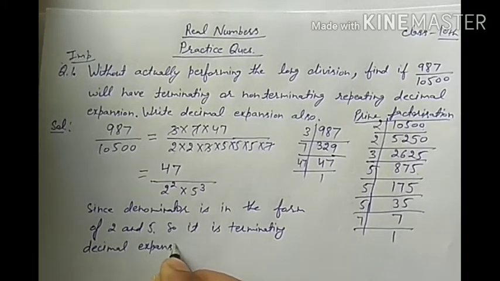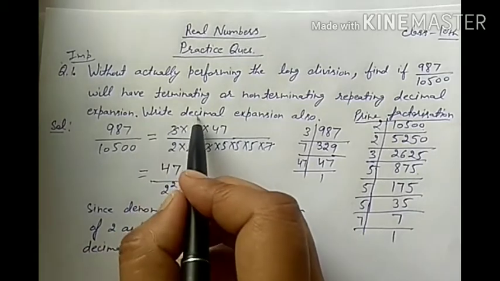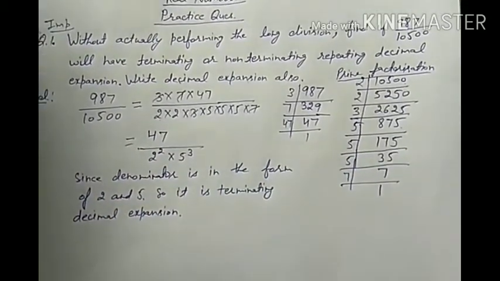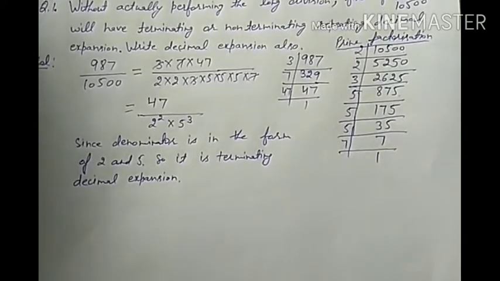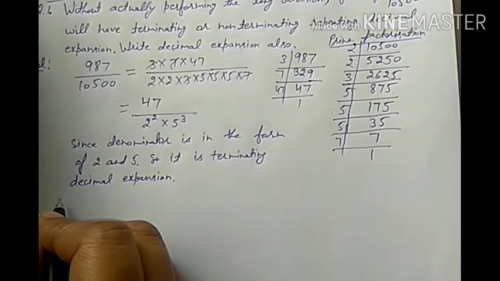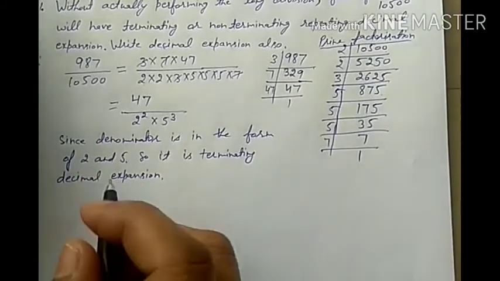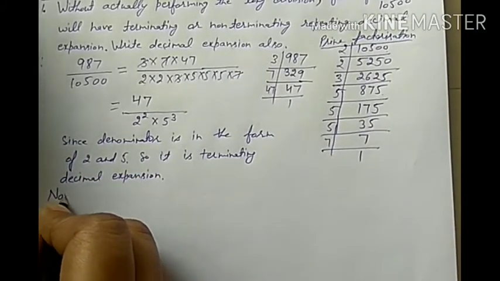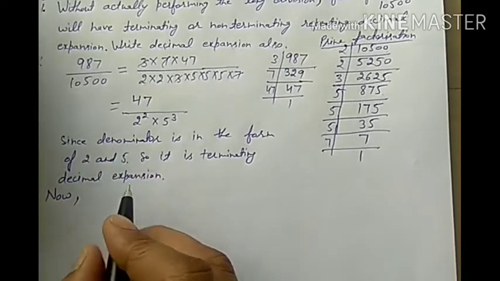Now we will find out the decimal expansion. Since it is in the form of 2 and 5, it is a terminating decimal expansion, so without division we can find out the decimal expansion.